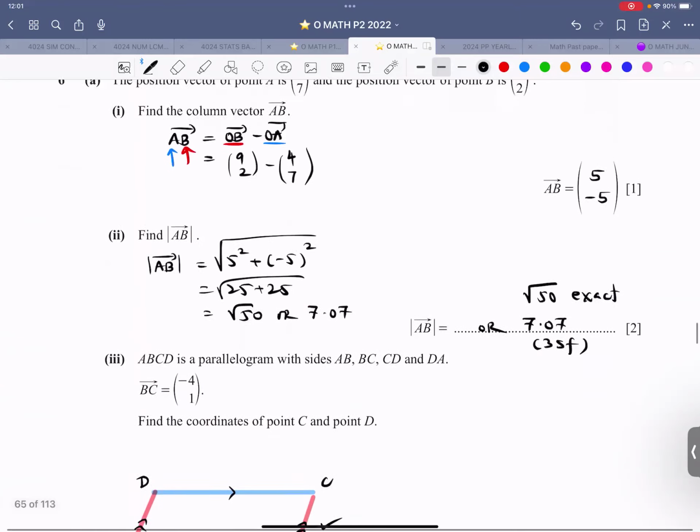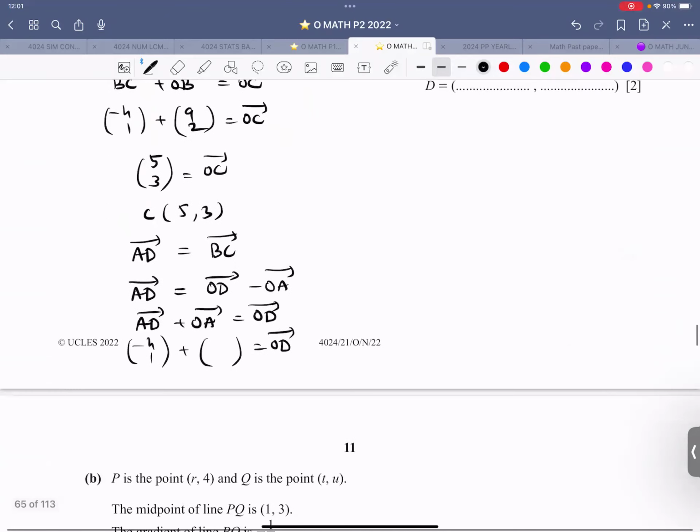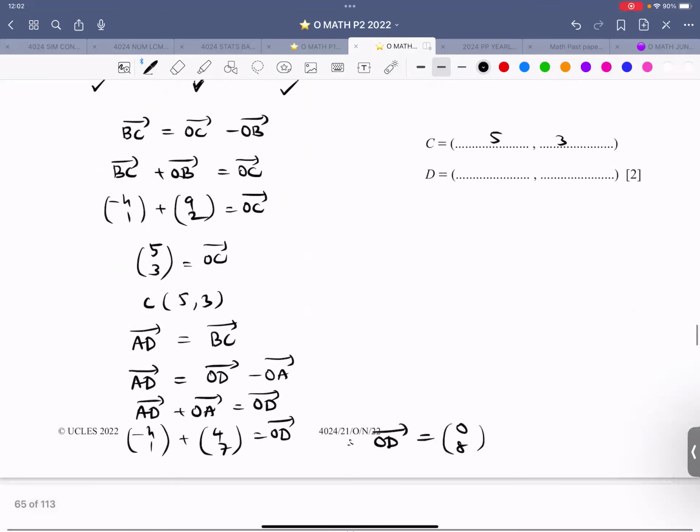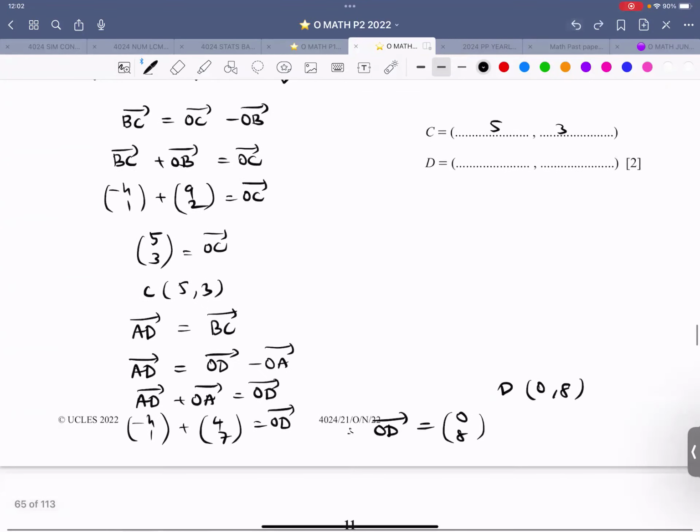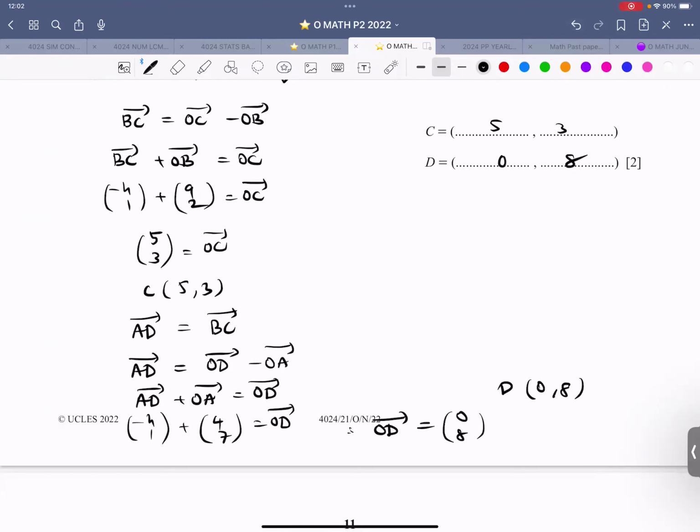So OA is (4, 7). Therefore, OD is (0, 8). So OD is (0, 8). Therefore, the coordinate of D is (0, 8). So this is 0, this is 8. So that is how this question is done.